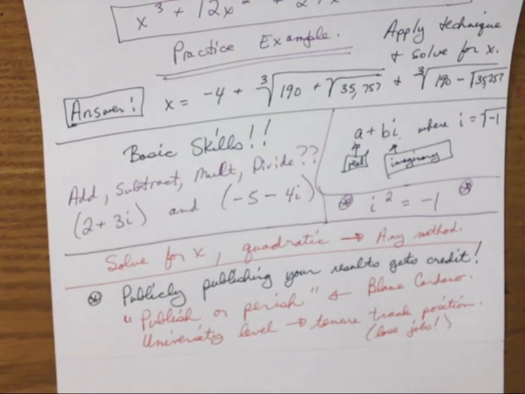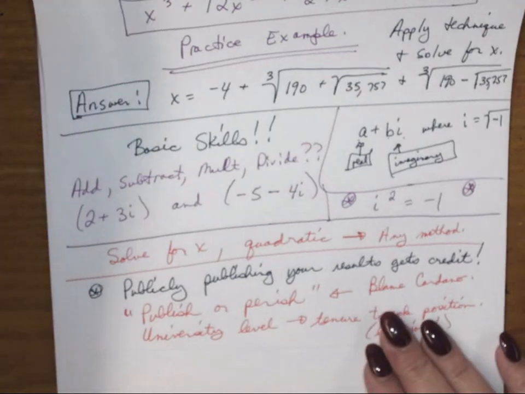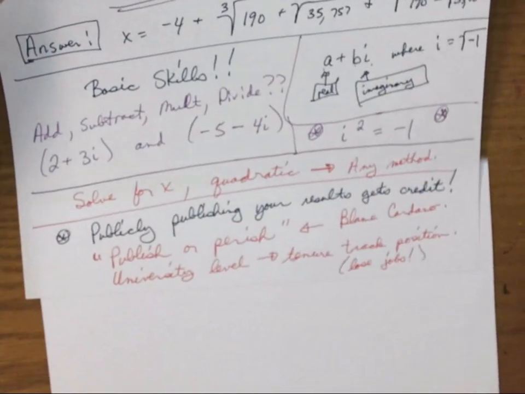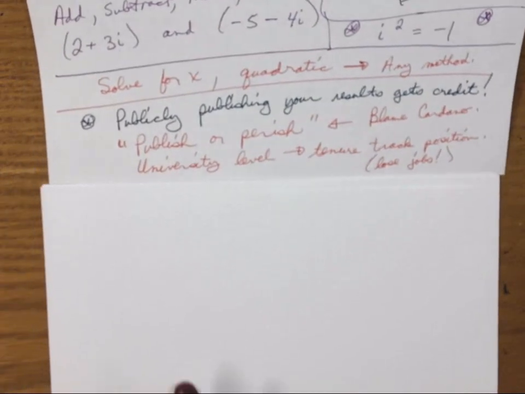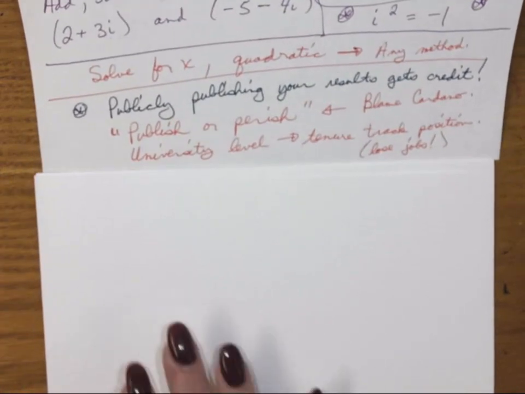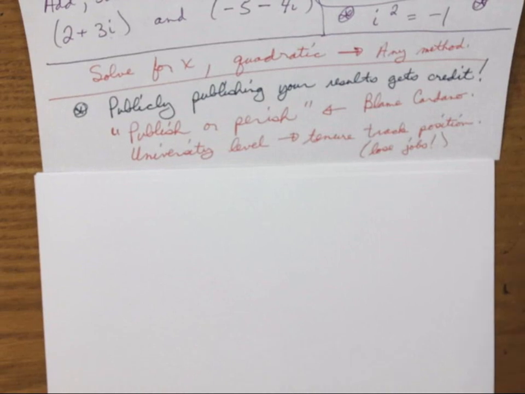So the tenure track gives you a certain amount of time. Usually there's a certain number of publications that they want to see, and usually it's original work that they want to see. And if you don't put that out there for your peers to review and to see it, then you are likely to lose your job. And so therefore we call it publish or perish. Okay, so that's something that'll kind of come up again.